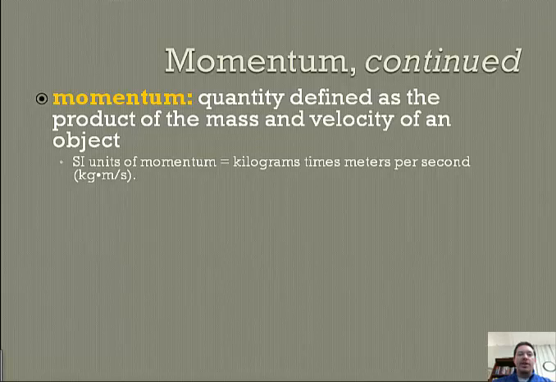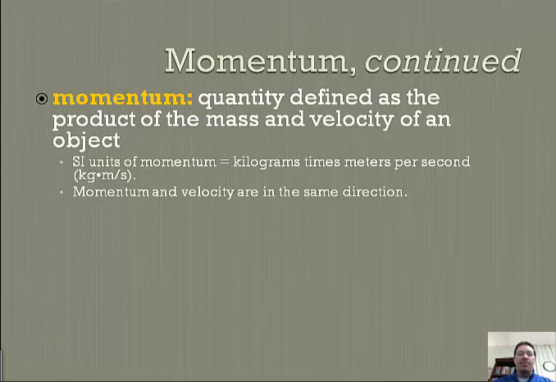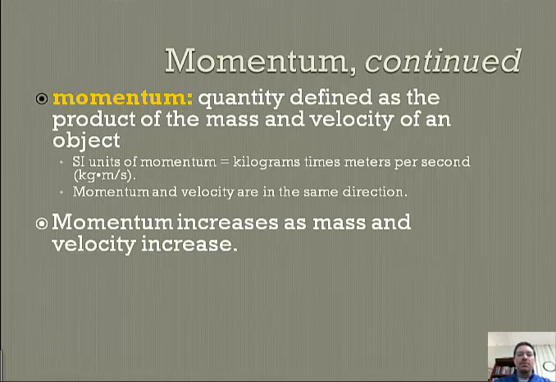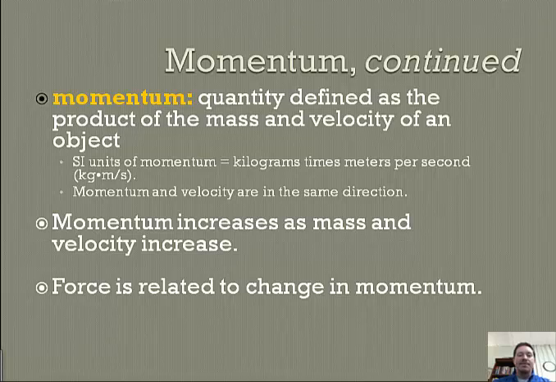The SI units of momentum are kilograms times meters per second, kg times m/s, because we are dealing with mass and velocity. Momentum and velocity will always be in the same direction. Also, we could say the momentum increases as mass and velocity increase. And then the force is related to change in momentum.